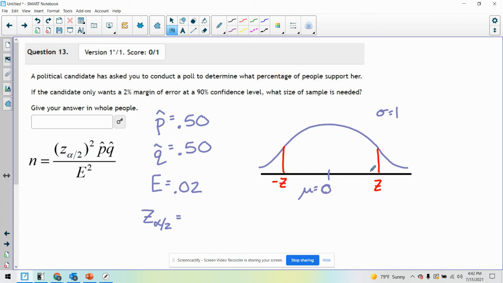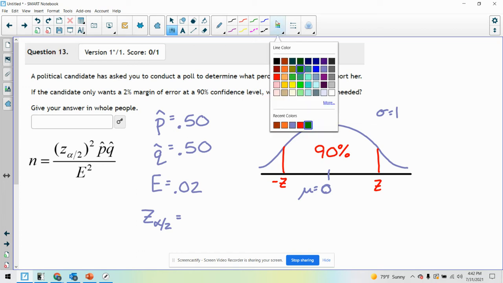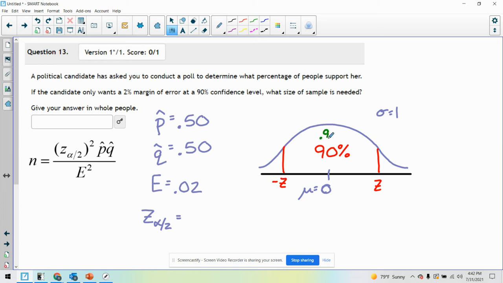Okay, but I have a positive and negative Z that cut off the middle 90%, or the same thing as 0.90. So I need to find what this Z value is. So I'm going to use my calculator.